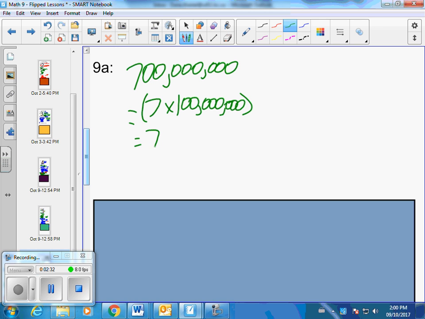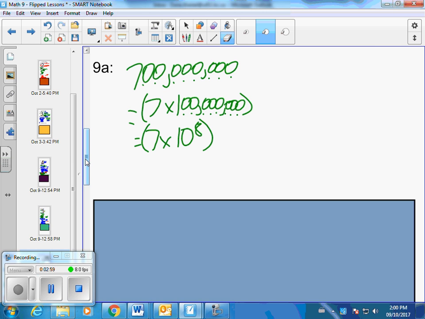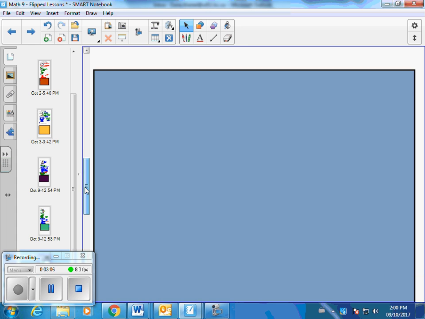So we rewrite it as 7 times 10 to the power of 1, 2, 3, 4, 5, 6, 7, 8, 8 zeros. We can do this for every single step of the numerical places. All we have to do is continue adding. However, in this one, we don't have any other numbers, so it's a really quick and easy final answer. 7 times 10 to the power of 8 is the same as 700 million. Go ahead and do the rest of question 9 on your own.